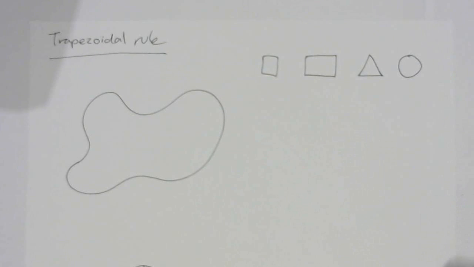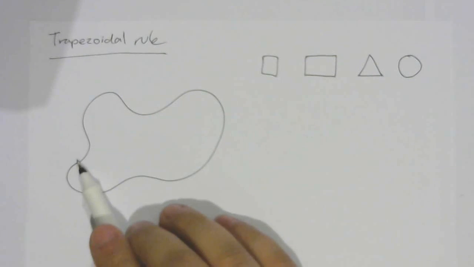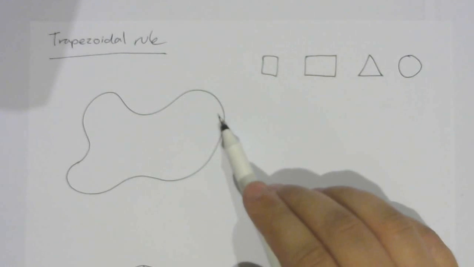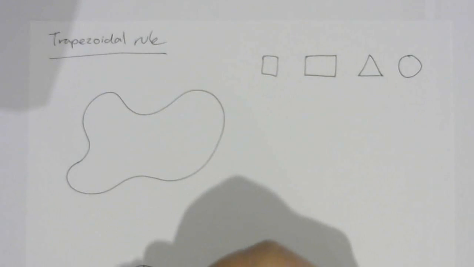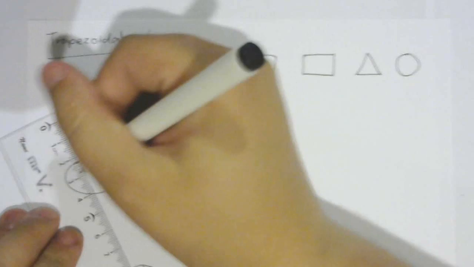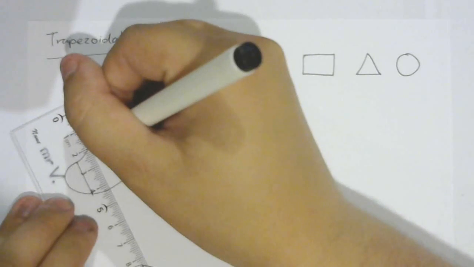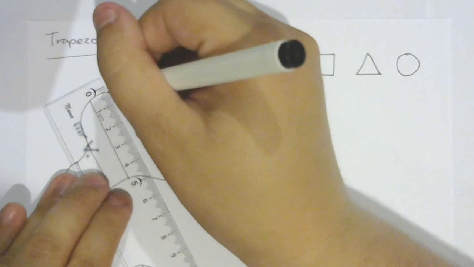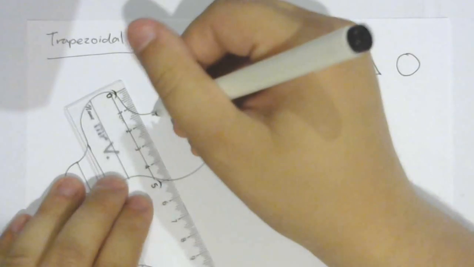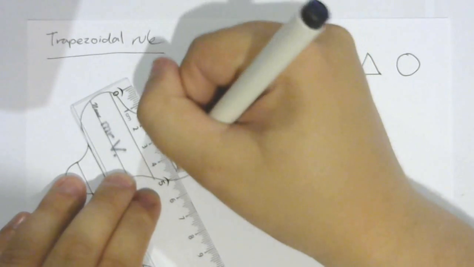Now, the way the trapezoidal rule works is we cut up the shape, and then we take each strip to be a little trapezoid. So let me show you how this works. We cut up the shape into these strips of equal width. So we make sure they're all the same width.